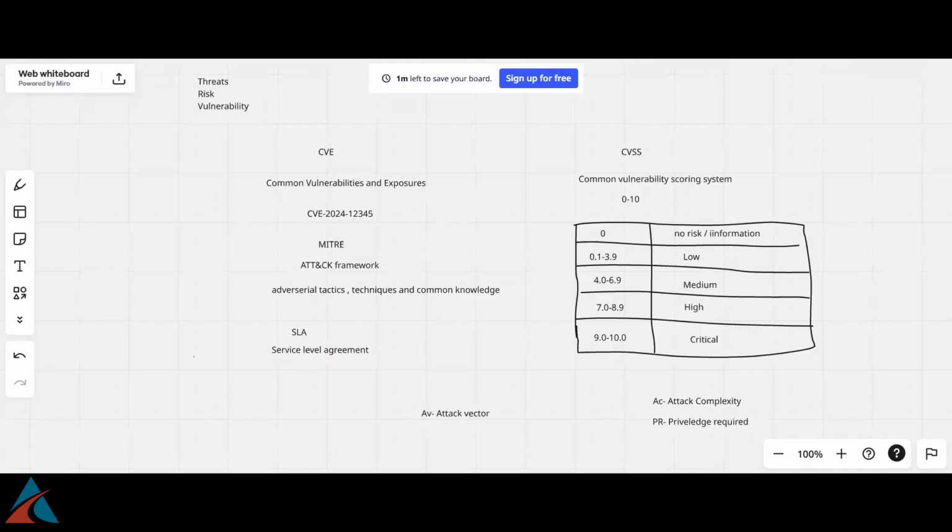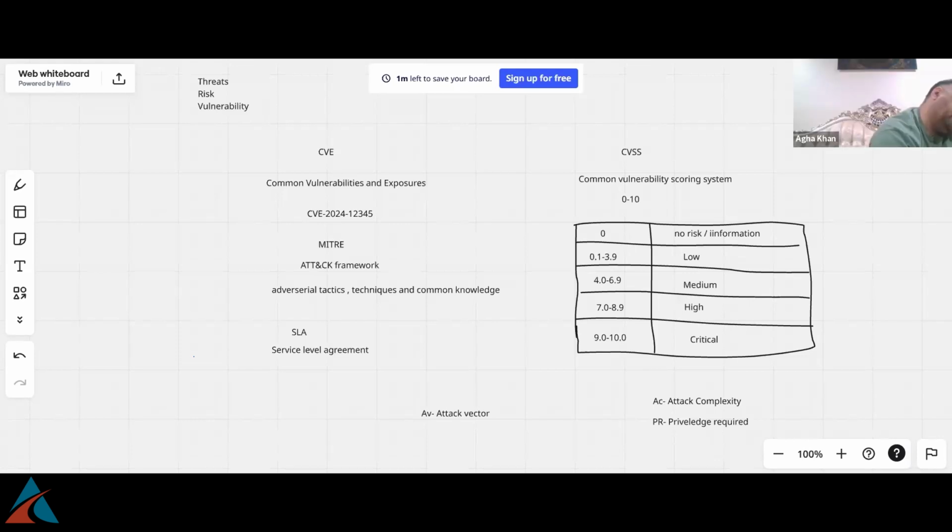Now, what is SLA? SLA is an agreement that defines how quickly a service should be delivered. Usually in companies, when you are playing a cyber security role, this term is always in front of you: how quickly a task should be completed.